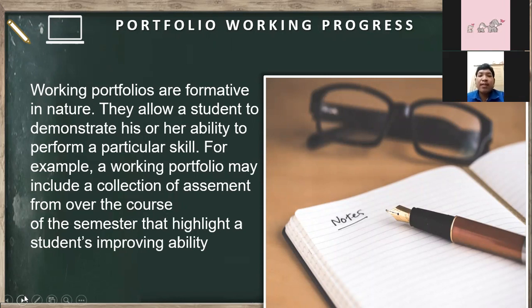For example, a working portfolio may include a collection of assessments over all of the course, and at the end of the semester, the portfolio should be given to the teacher and highlight a student's improving ability.